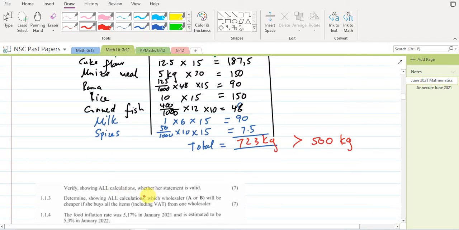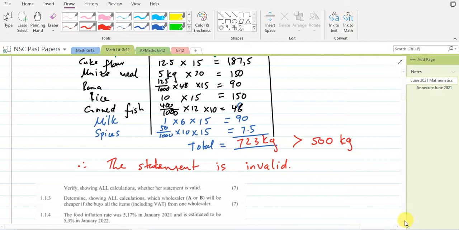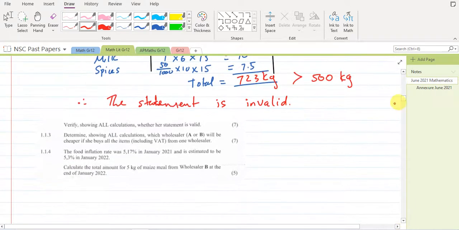So is the statement valid? Therefore the statement is invalid. Right, let's move on to the next question.